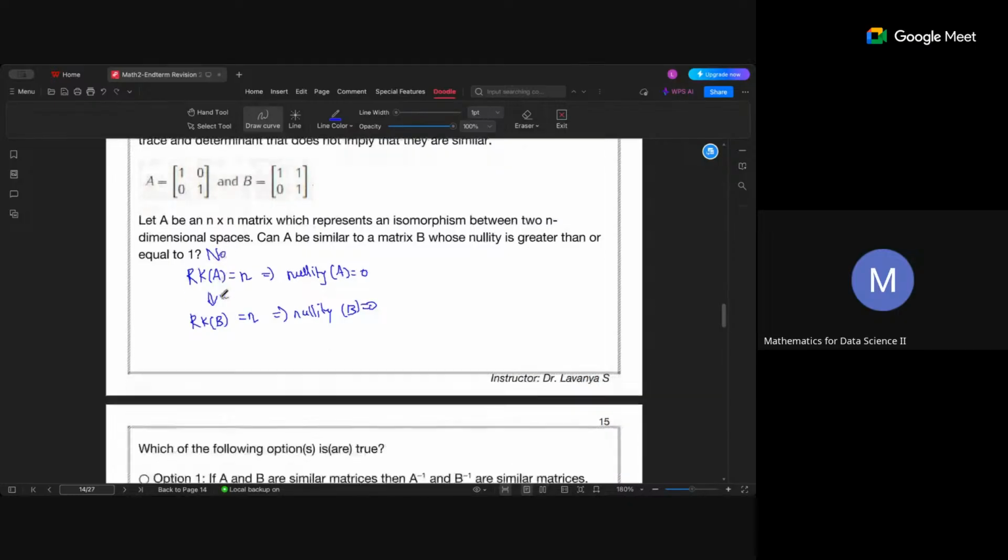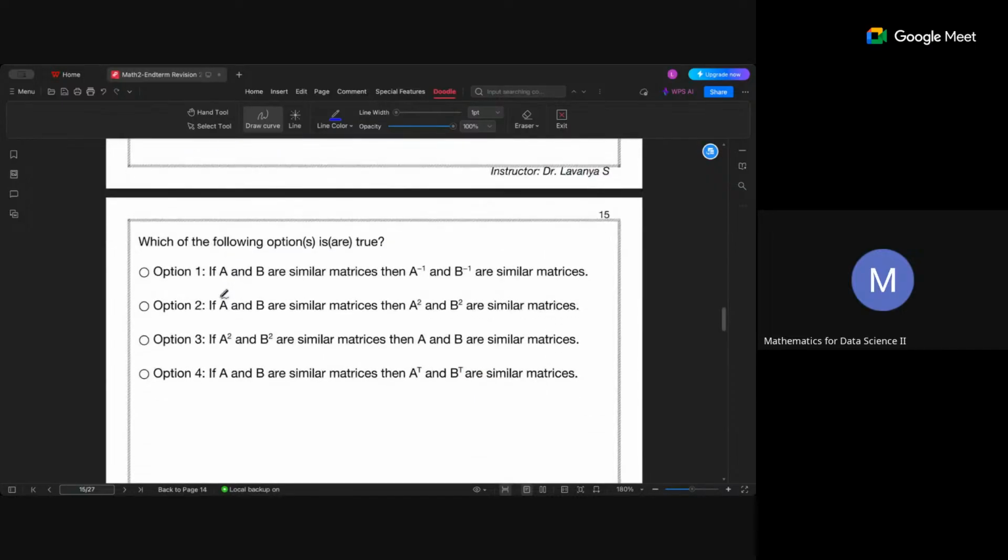Okay, fine. Which of the following options are true? If A and B are similar, then A inverse and B inverse are similar matrices. True. This you can easily verify, right? B is equal to P inverse A P. Just take the inverses, then you will get that B inverse is equal to P inverse A inverse P. Ma'am, the inverse should exist for that to be true, no?